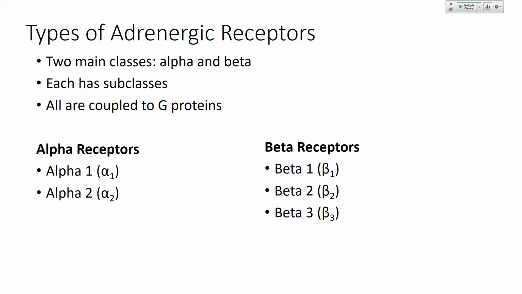So adrenergic receptors bind norepinephrine and epinephrine. There are two main classes, alpha receptors and beta receptors. Within those alpha and beta divisions, there are several subclasses: alpha 1, alpha 2, beta 1, beta 2, beta 3. Now, bear in mind, these are all coupled to G protein. So what type of receptor are these?